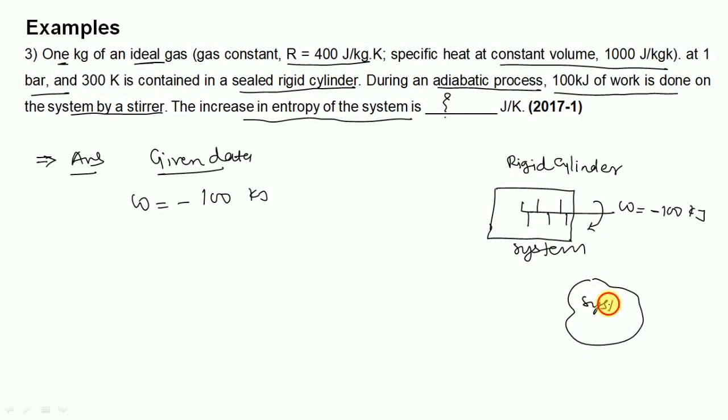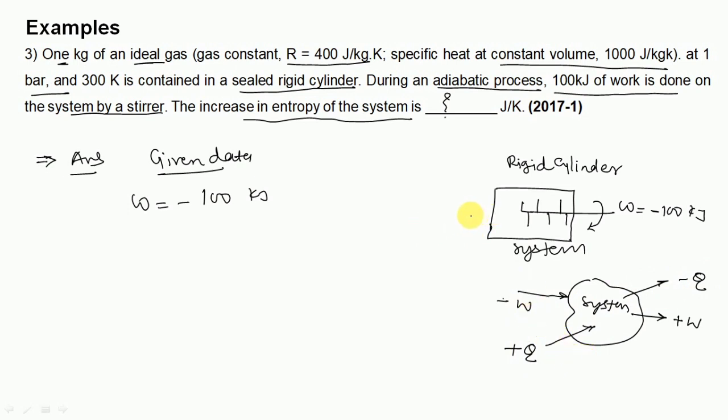If work enters the system, we take minus. If work goes out from the system, we take positive. Same thing, if heat enters the system, we take plus. If heat leaves the system, then we take negative. So this is the scenario in thermodynamics.